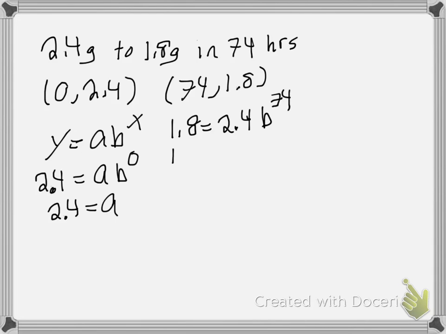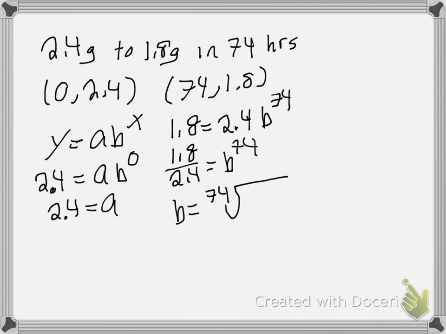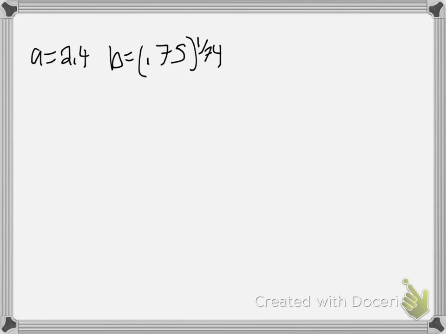Well, that gives me 1.8 over 2.4 equals b to the 74th, or b is equal to the 74th root of 1.8 divided by 2.4, which happens to be 0.75. Okay, so here are my values of a and b.